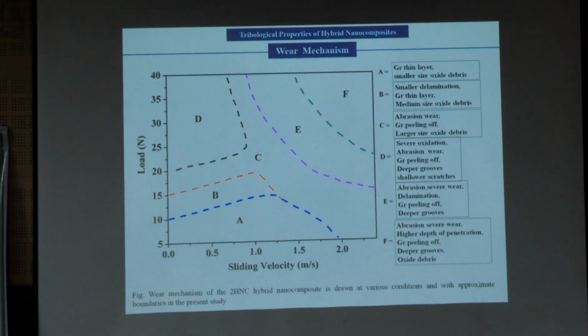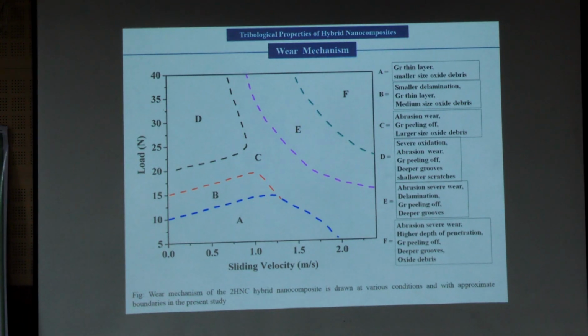At different conditions we collected wear debris, and depending on the XRD analysis and SEM analysis, we mapped this like that. Suppose you take a high sliding velocity, maybe 2 meters per second, and the load also maybe 25 newtons or 30 newtons, then the region may be F. That means we are getting severe abrasion wear and also a higher depth of penetration.